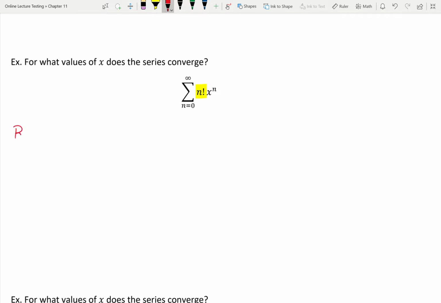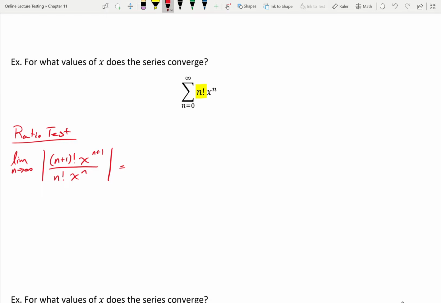So let's look at the ratio test real quick. All right, so I'm going to take the limit as n approaches infinity, the absolute value of a sub n plus 1. So wherever I see n, I'm going to replace it with n plus 1 factorial, x to the n plus 1, all divided by a sub n, which is n factorial, x to the n.